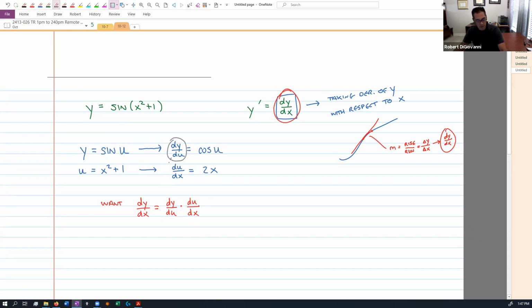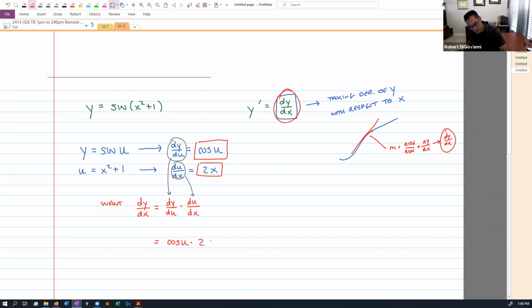dy/du is this, and du/dx is this. So what we're going to do is just write down this right here, that's dy/du, cosine u, times du/dx, which is 2x.